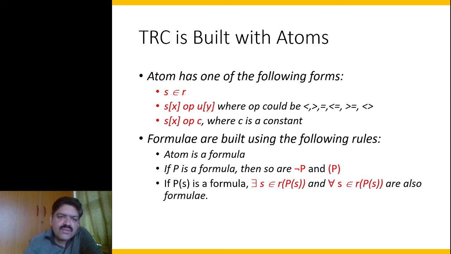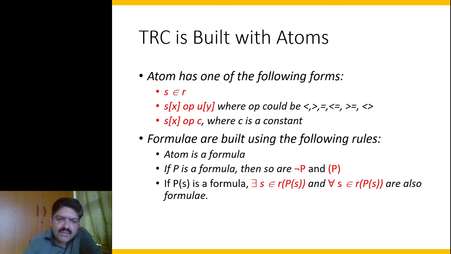An atom in its very basic form has the following form: s belongs to R, or s of X and u of Y are combined through some operation. The operation could be any comparison operation, and we could also use a constant in place of one of the operands. We can recursively apply this to now construct the formula.